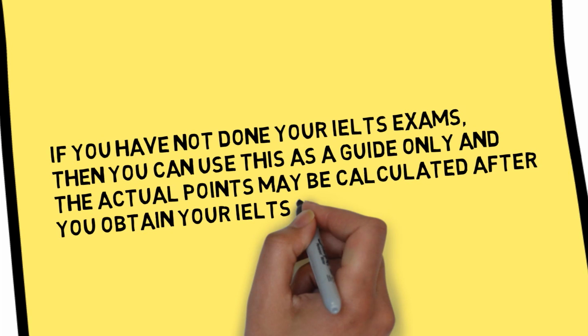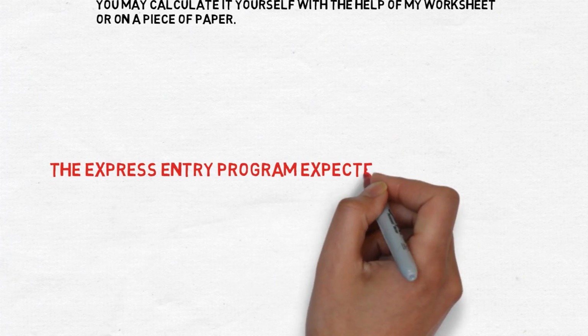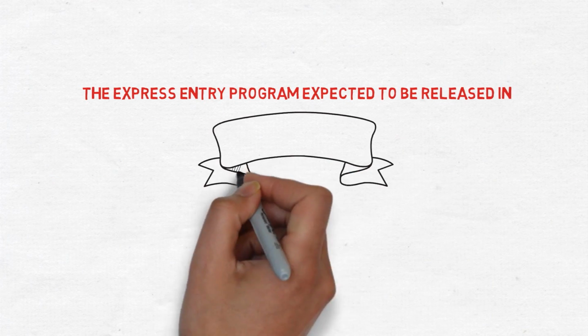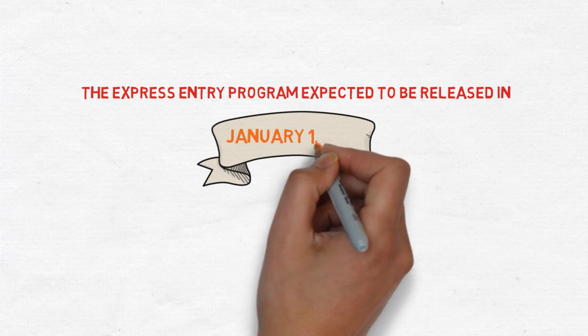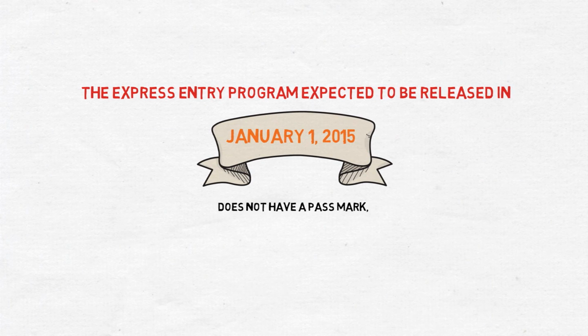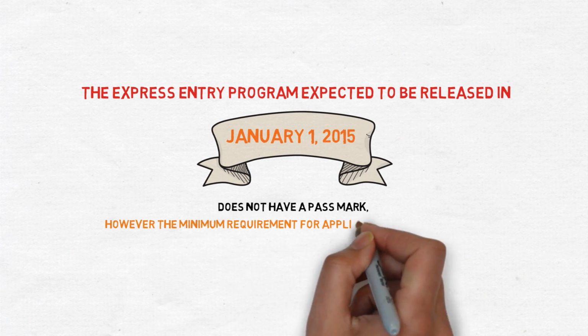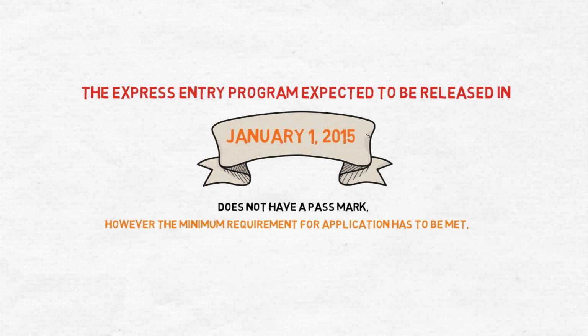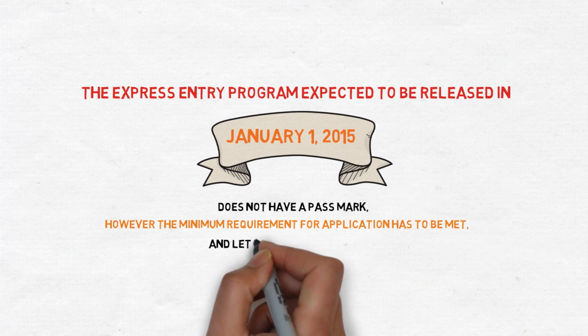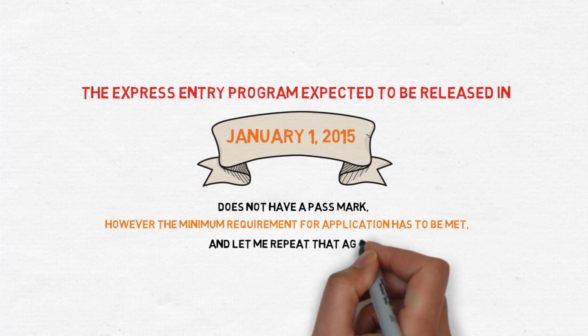The FSW Express Entry program is expected to open on January 1st, 2015, and it does not have a pass mark. However, the minimum requirement for application has to be met, and let me repeat those 4 requirements again.